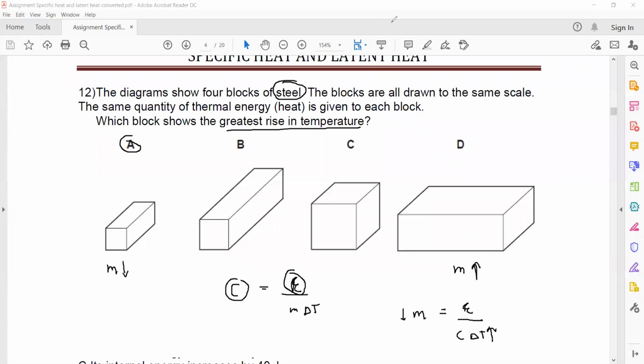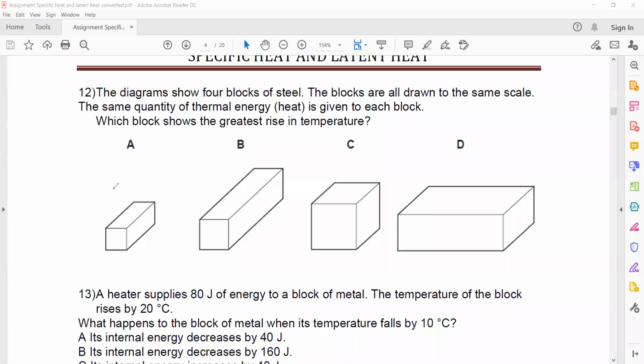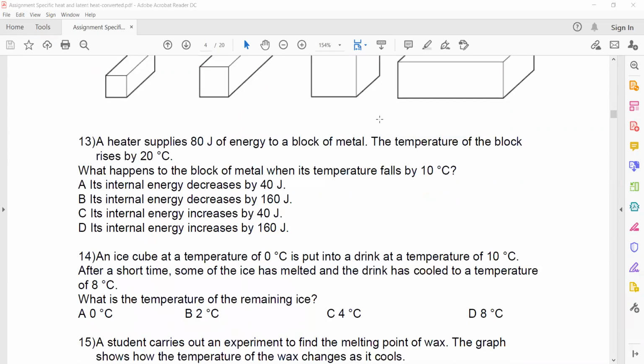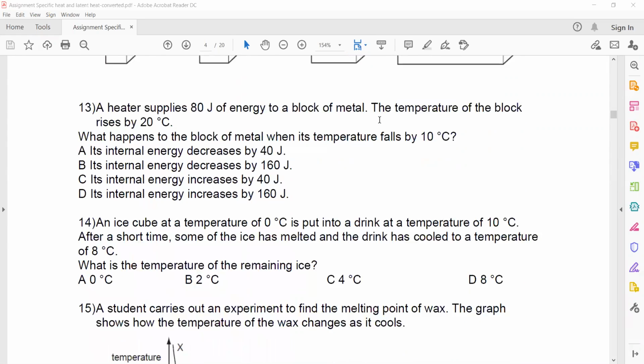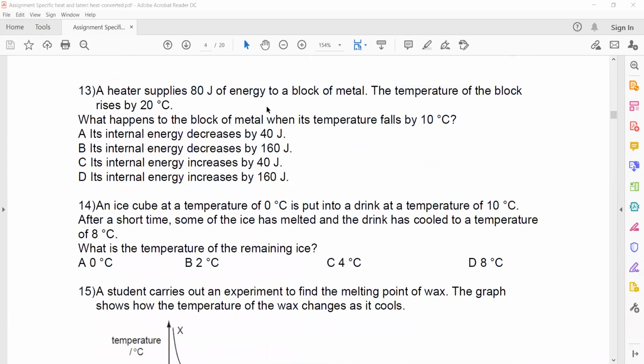And even without calculation, if you understand it, it's a small object and you supply the same amount of energy, so obviously the small object cannot store a greater amount of energy. Its temperature will rise more for every 1 degree, for every energy provided.